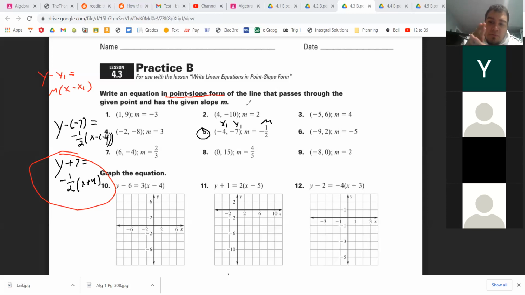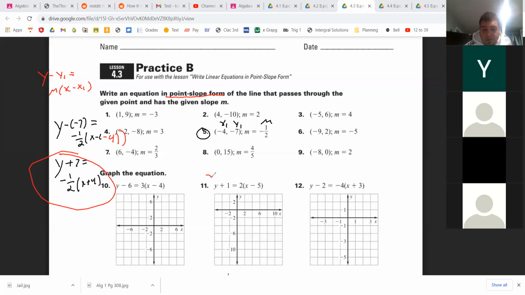But because I say point slope form, you stop right there, you're good. But what does it say in the parentheses? y minus -7 equals -1/2 times x minus -4.